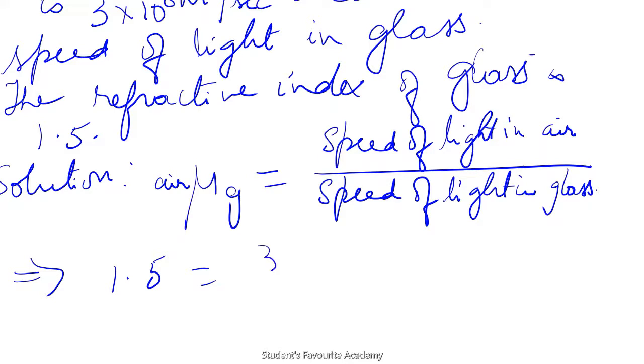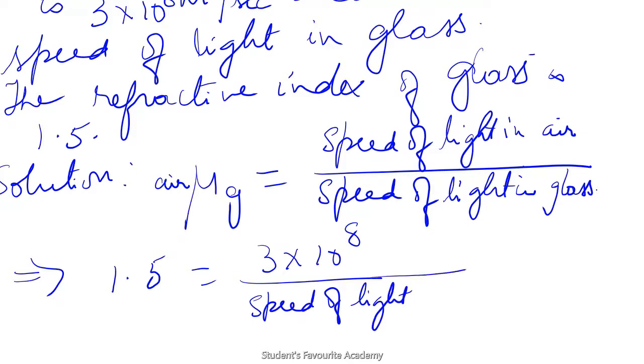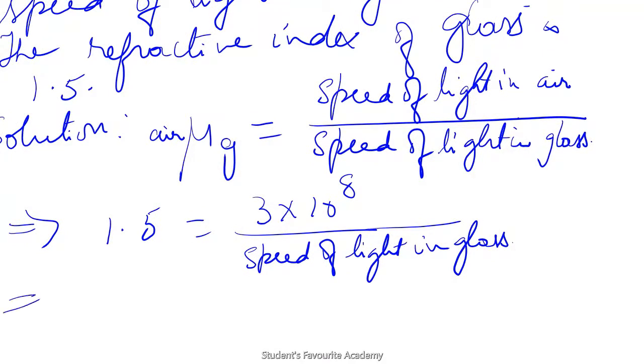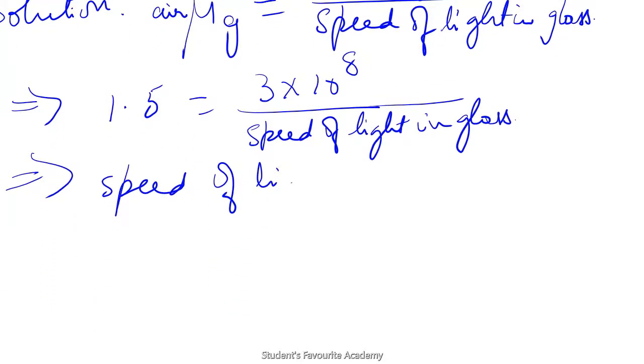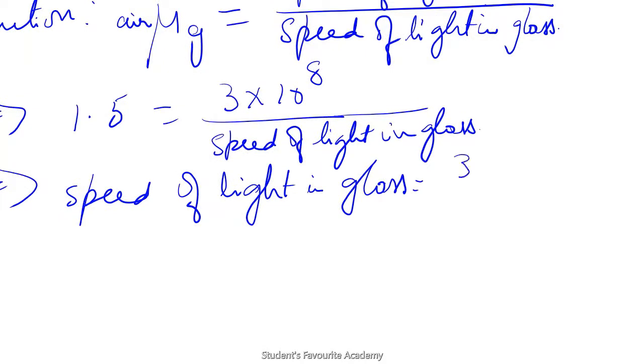Speed of light in air is given as 3 into 10 to the power of 8, and speed of light in glass is what we have to find out. So speed of light in glass is equal to 3 into 10 to the power of 8 upon 1.5.